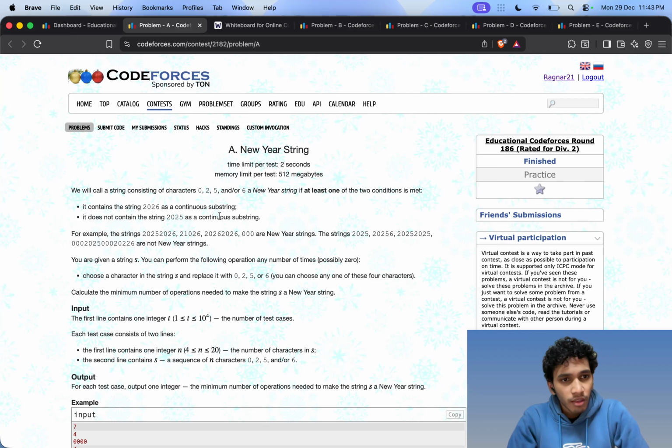The problem says that we will call a string consisting of characters 0, 2, 5, and 6 a New Year string if at least one of the two conditions is met. The first condition is it contains the string 2026 as a contiguous substring, or it does not contain the string 2025 as a contiguous substring.